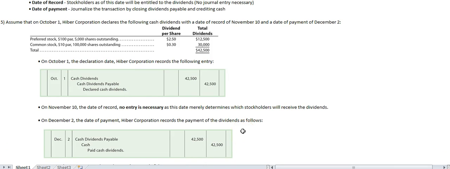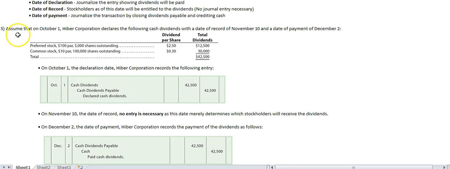So let's take a look at this example. Assume that on October 1, Haber Corporation declares the following cash dividends with a date of record of November 10 and a date of payment of December 2. Okay. So on October 1, which is the date of declaration, they are going to enter this entry.